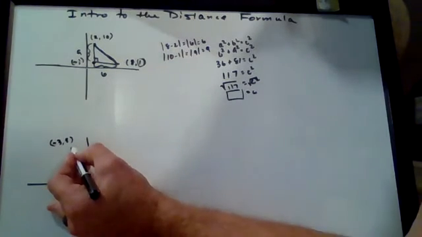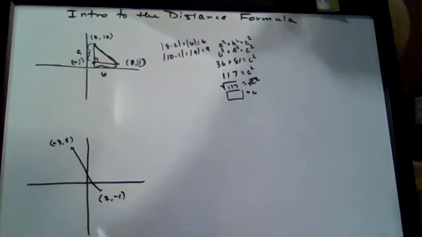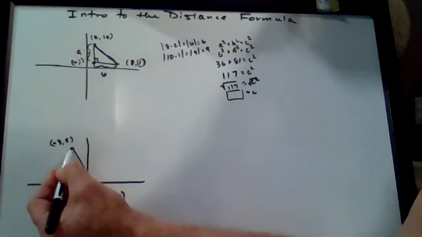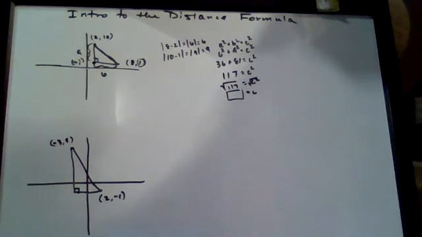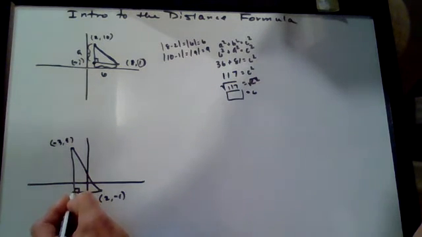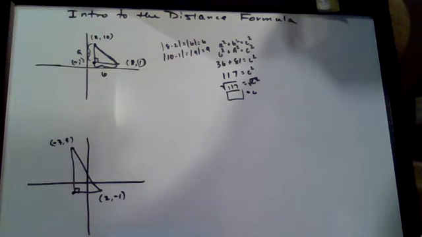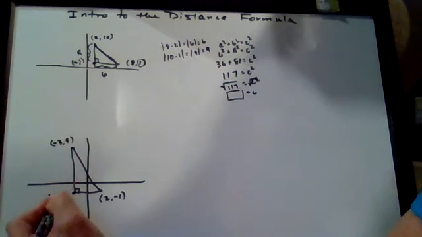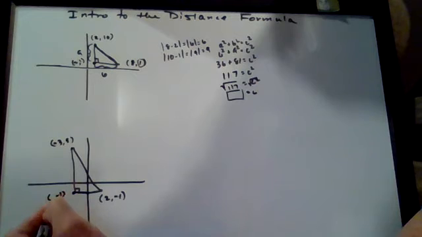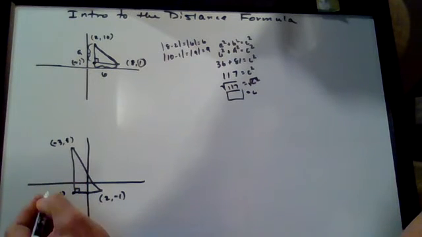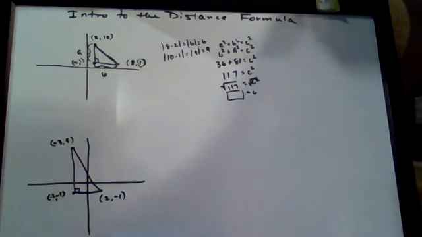So I'm going to connect that line between (-3, 5) and (2, -1). Then I'm going to drop a vertical line and a horizontal line to form that right angle, and I need to find out this point. Okay, so here I know that my y value is at -1 and my x value is at -3.